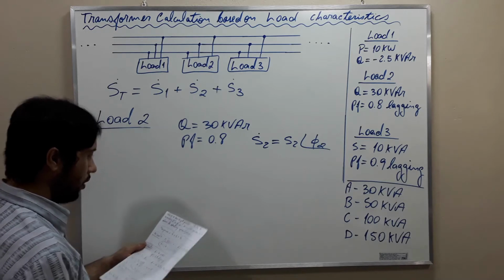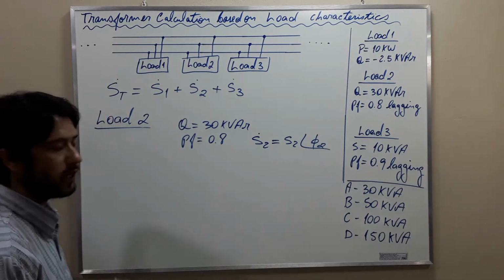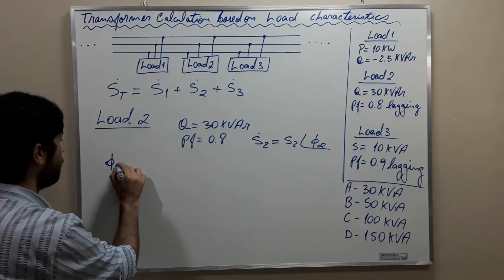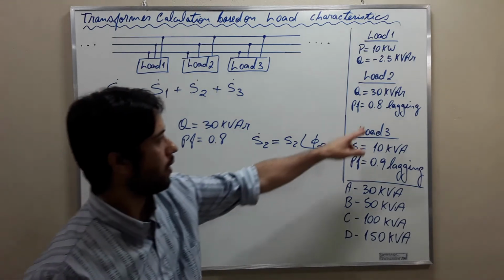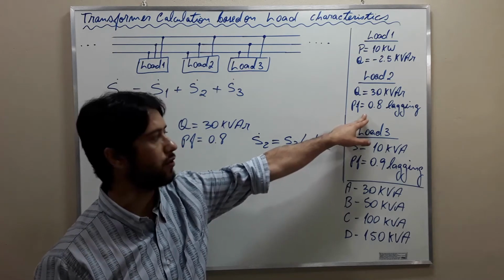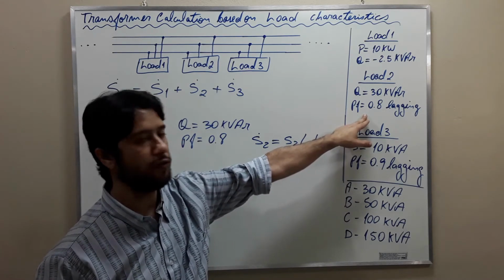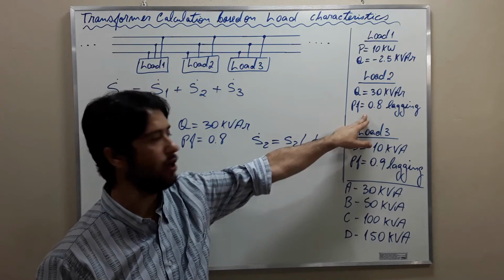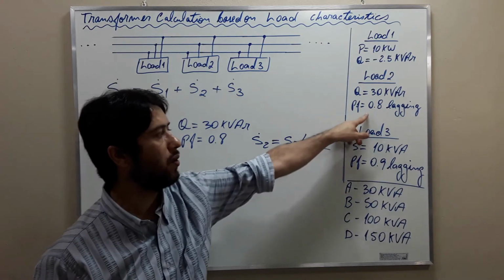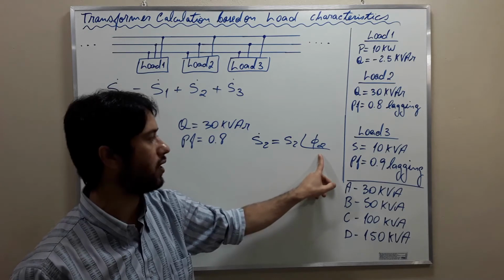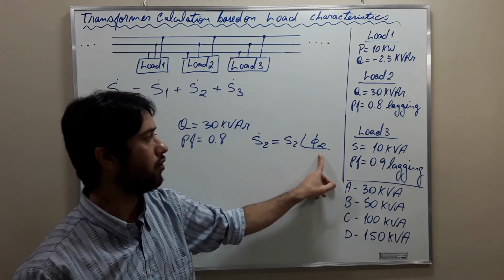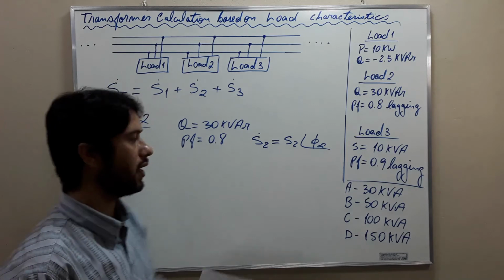First of all, we are going to calculate the angle phi 2. Phi 2 is the angle, okay? This is the power factor. The power factor is the cosine of this angle here. If we want to find phi 2, we need to calculate the inverse cosine.